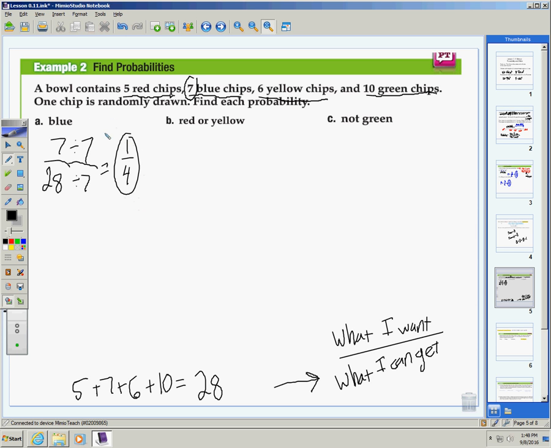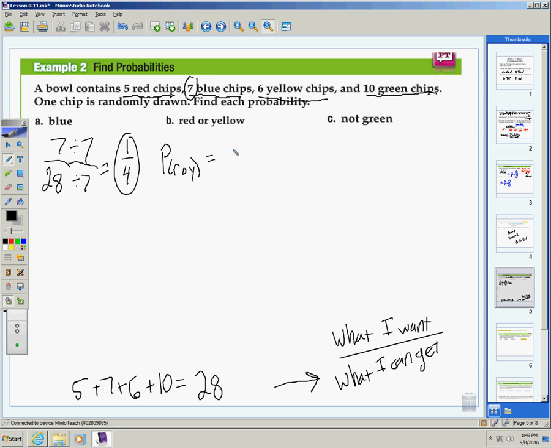What's the probability of getting red or yellow? And if you notice, I sometimes put something in parentheses. I'm just putting what I'm finding the probability of. So P of ROY, P probability of red or yellow. So what can I get? Well, there's 28 chips in the bowl.